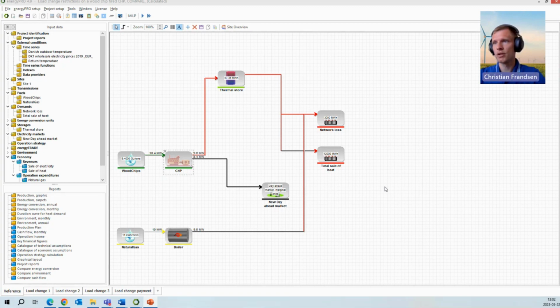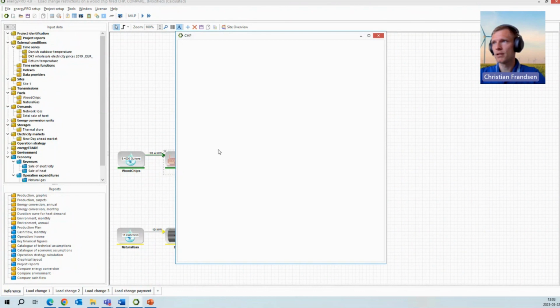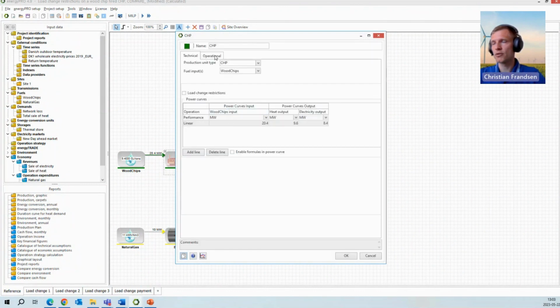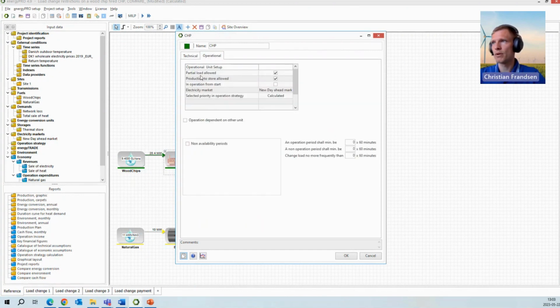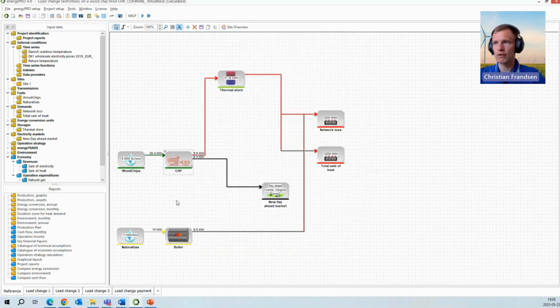I've tried to make this model where we have a wood chip fired CHP unit that in the reference case does not use any load change restrictions at all. So this is our reference. And then we'll try to see with different types of load change restrictions how we can affect the operation of this unit.